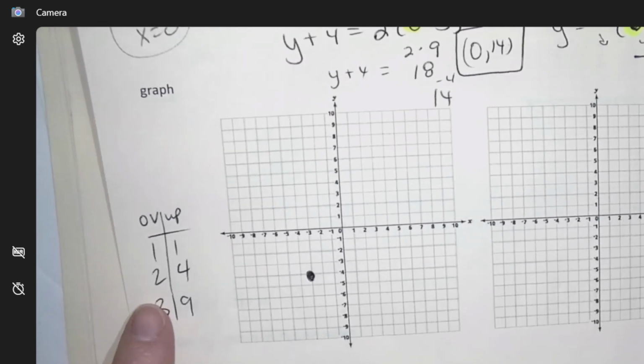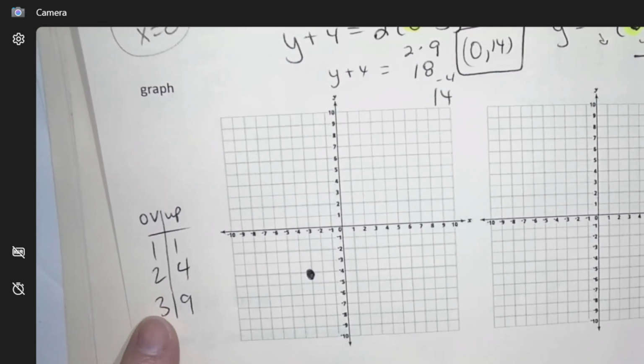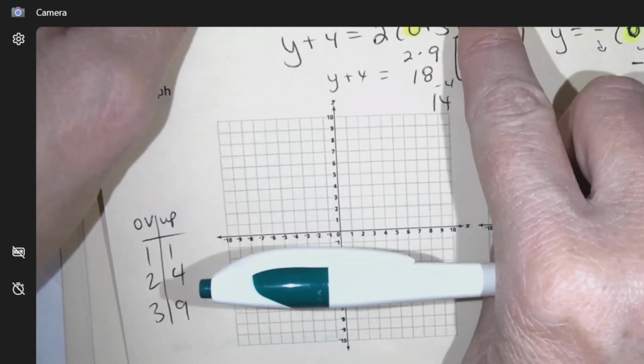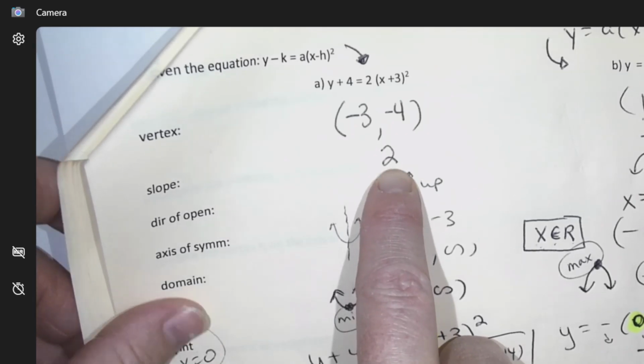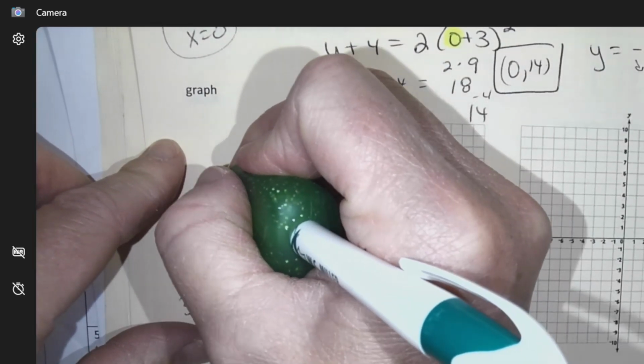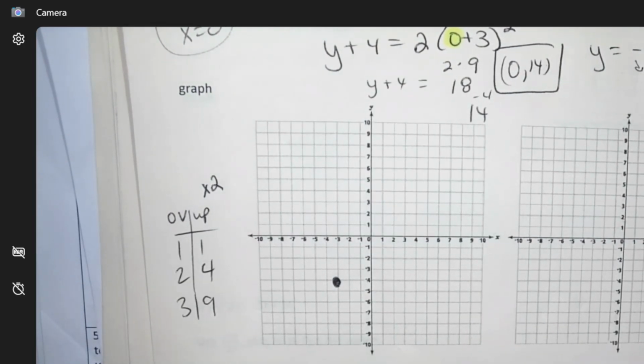The parabola x squared relationship is this: 1, 1, 2, 4, 3, 9. On this question, we told ourselves we had a slope of 2. So 2 is a multiplier, so 2 has to multiply that pattern as well.